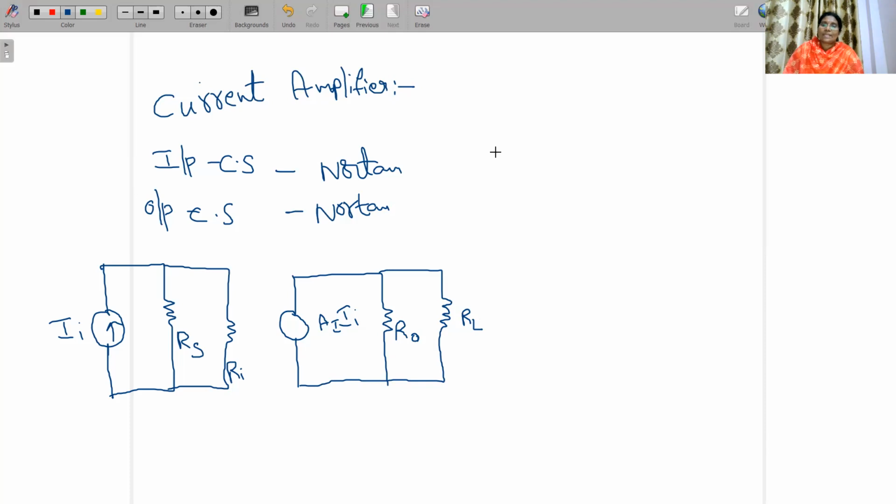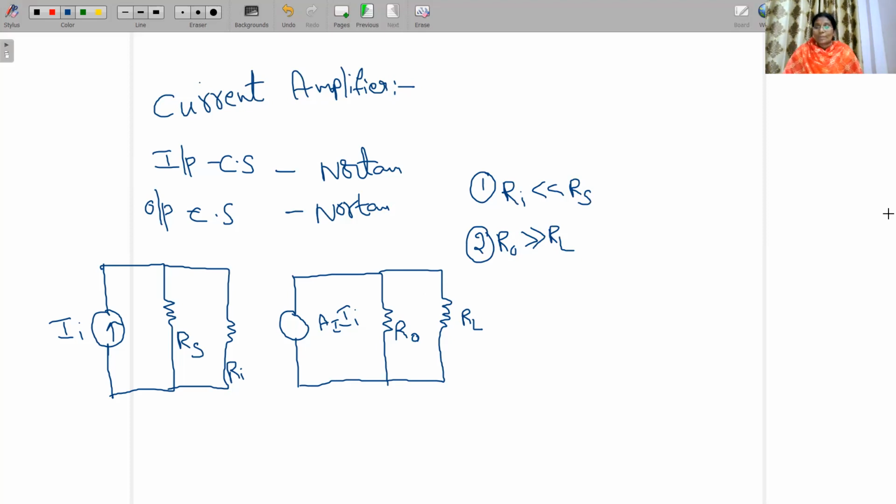So first condition is Ri is far less than Rs. Note the second condition, R naught is far greater than RL. Note the two conditions. So what will happen if Ri is far less than Rs?